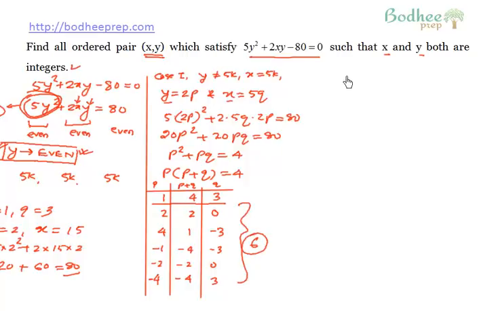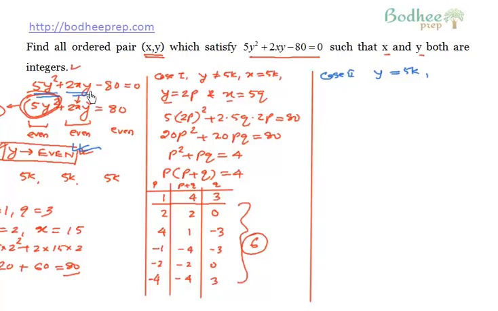Now let's take case number 2. For case 2, I'll be taking y as a multiple of 5. And for this, x could be any number. I don't have to put any constraint on x, because the moment y is a multiple of 5 and it should be even, I can say that the first part will be even and the second portion will also be even.